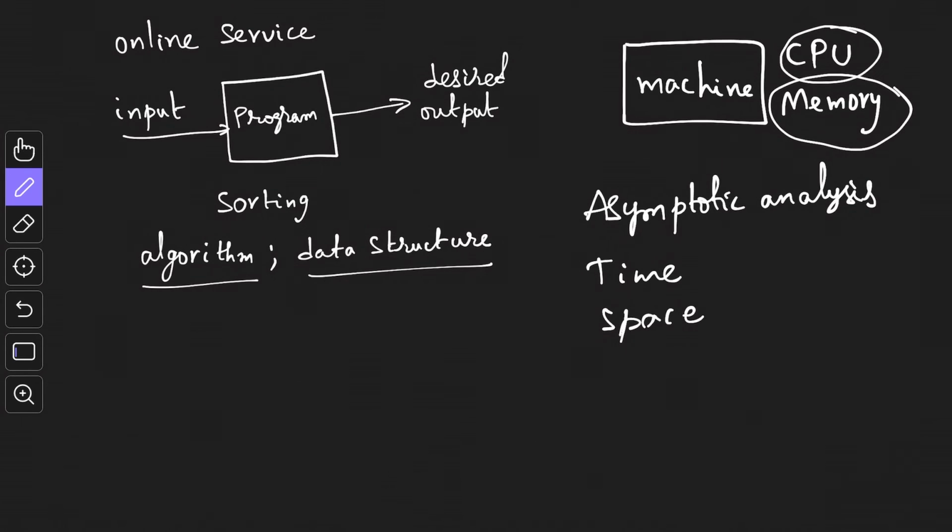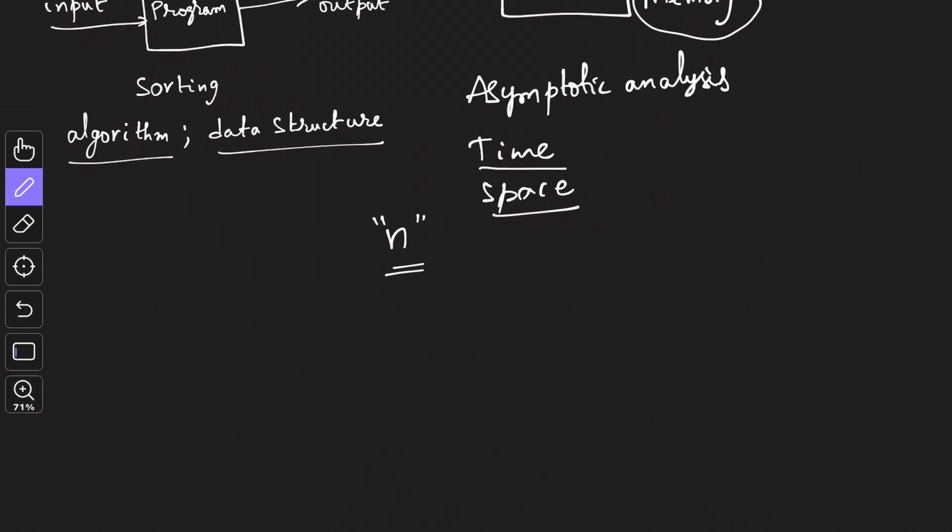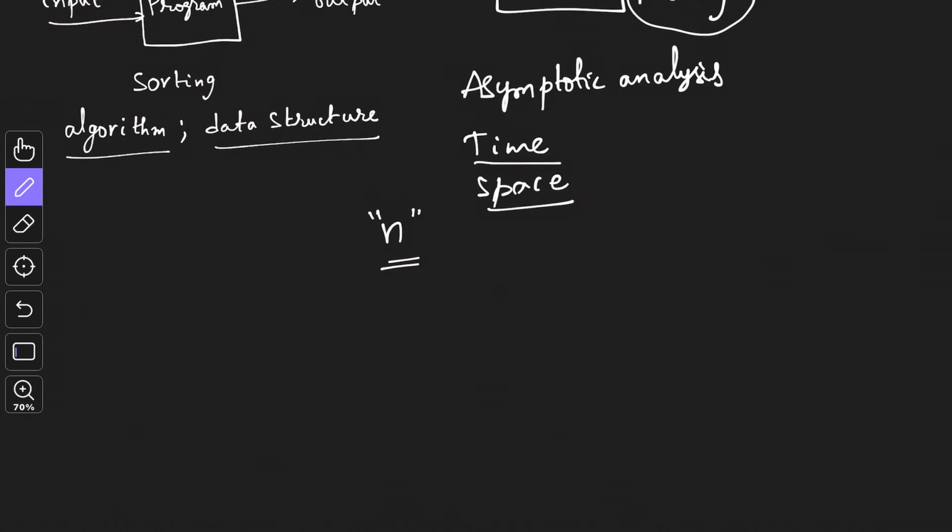Typically, the size of the input to any program is denoted by n. We quantify the rate of growth of time and space based on this input size. In the case of sorting, we can assume we use one single CPU, and we also can assume that the data is going to fit entirely in the memory.